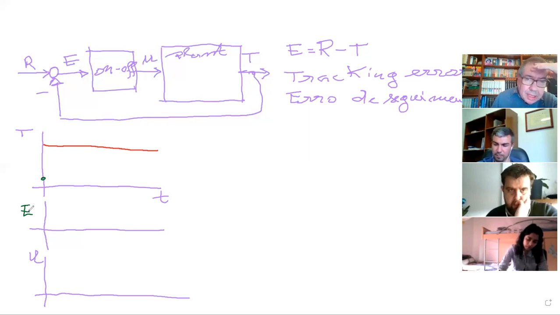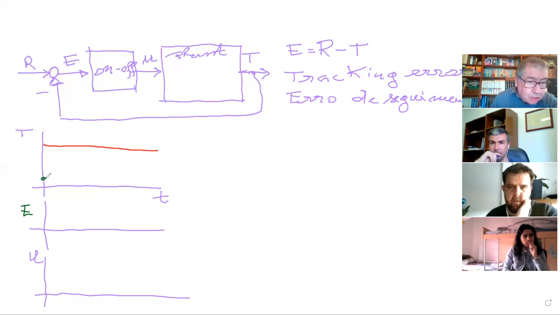So remember that the error is R minus T. So where am I? Here, this side, or this side? Where is the first position of the error? It should be 0, no? 0? Why 0? 0 means the reference equals the temperature.